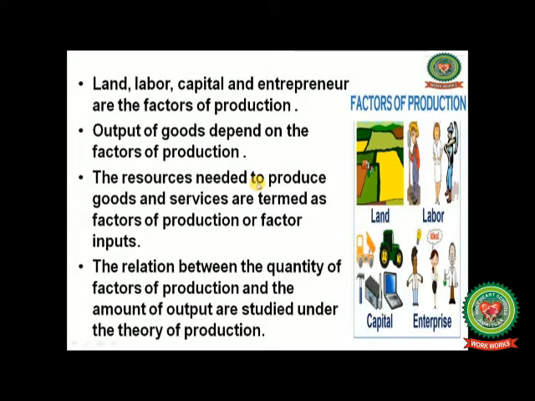Resources that are needed to produce goods and services are termed as the factors of production or factor inputs. The relation between the quantity of factors of production and the amount of output is studied under the theory of production. It means how many laborers are required according to the number of machines that are helpful in the production process.